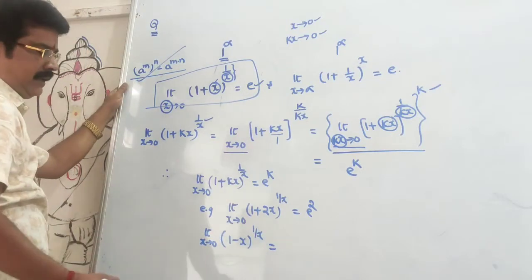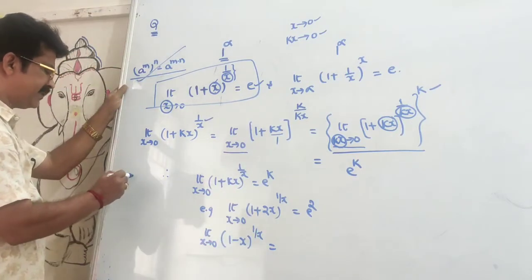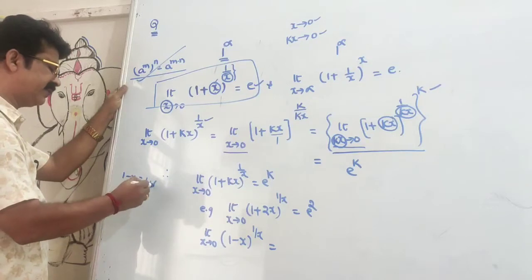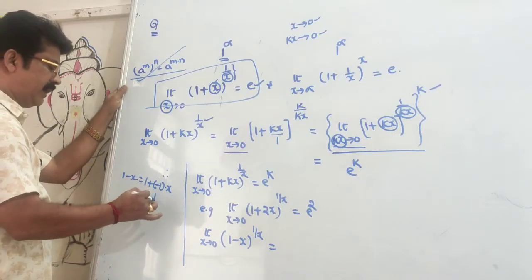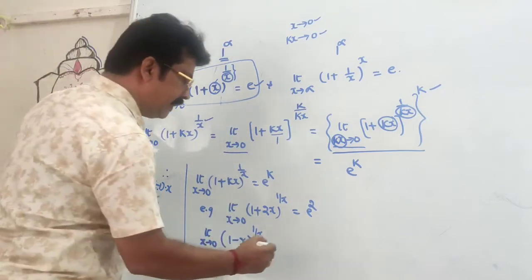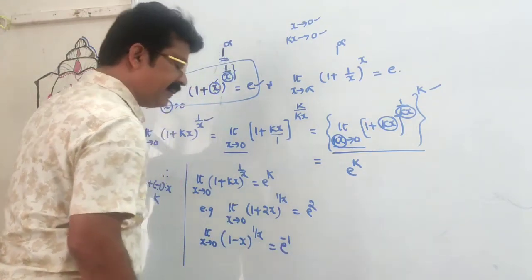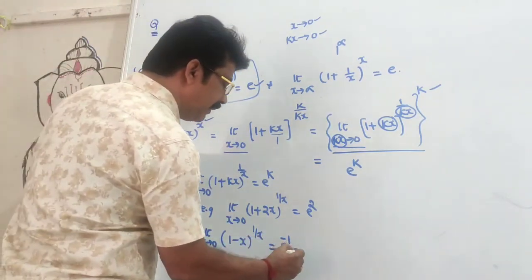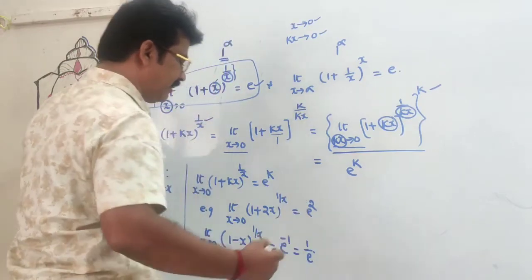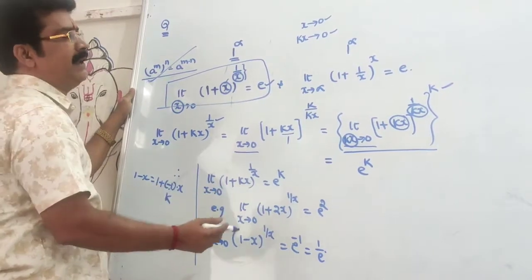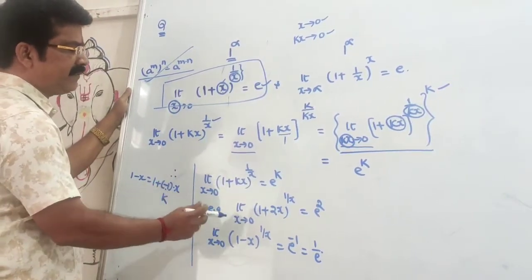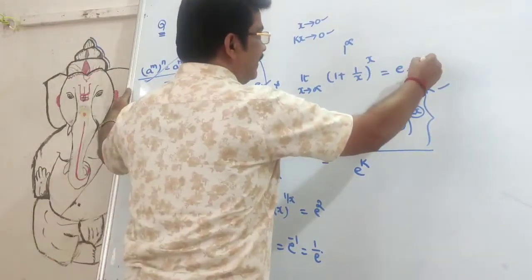Here, 1 - x means 1 + (-1) into x, so instead of k, -1 is there. Therefore, it is e power -1, or 1 by e. This is for x tends to 0.